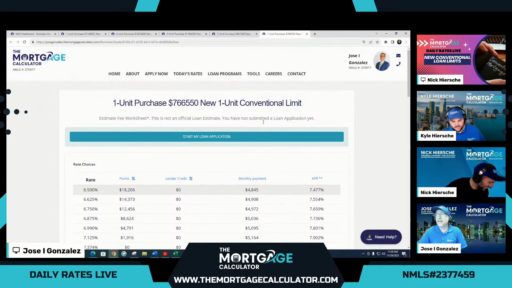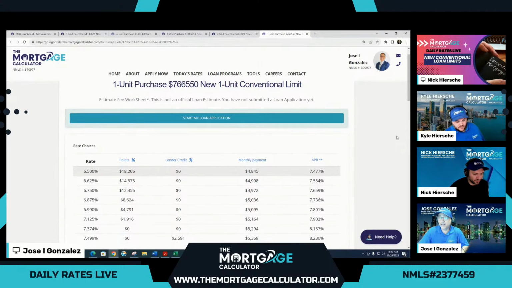But let's go first with our new regular quote unquote limits, right? So we've gone up over 40 grand. So our 1 unit in non-high cost areas, the new limit is 766,550, right? Which is pretty good.